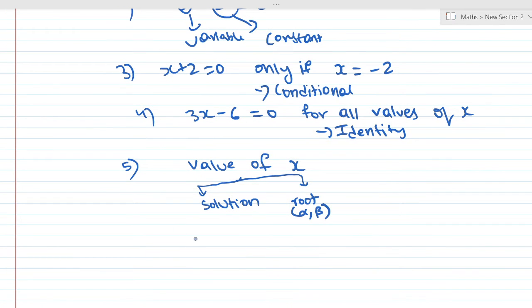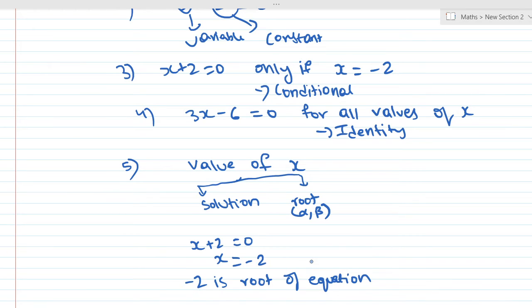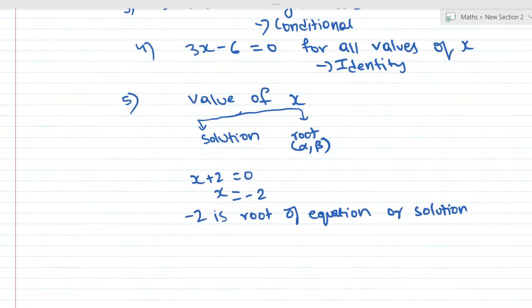For example, if x plus 2 equals 0, x equals minus 2. So minus 2 is called the root of the equation, or solution of the equation. Whenever we say root or solution, we mean it is the value of x. They both are the same.